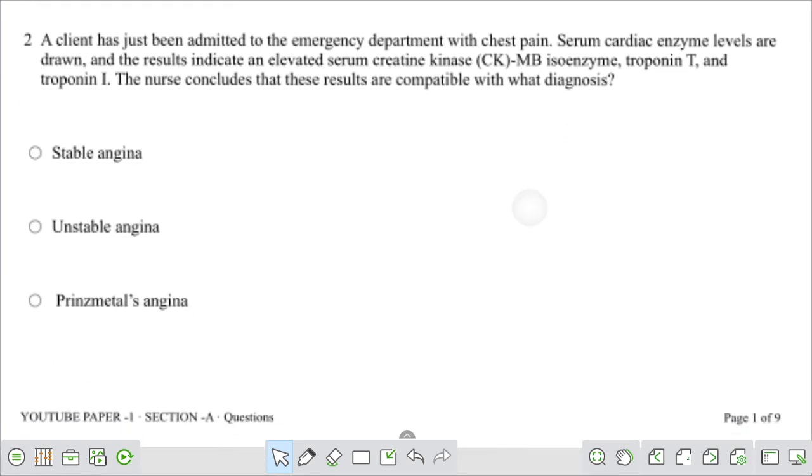Next question: a client has just been admitted to the emergency department with chest pain. Serum cardiac enzyme levels are drawn, meaning blood tests are done, and the results indicate elevated serum creatine kinase, troponin T, and troponin I levels.